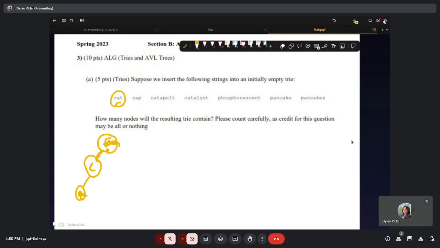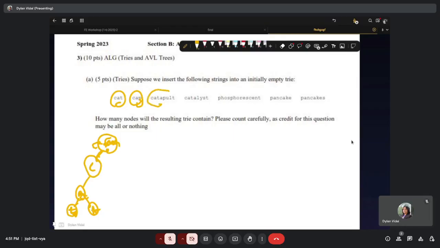So we're inserting cat, then we insert the letter T, and that's that word inserted. So how many nodes do we currently have? Four, yeah. So then we insert cap, so that goes to the letter C, then the letter A, and then we make a new letter here. Just imagine these are comprehensible letters. So now we have 5 nodes.